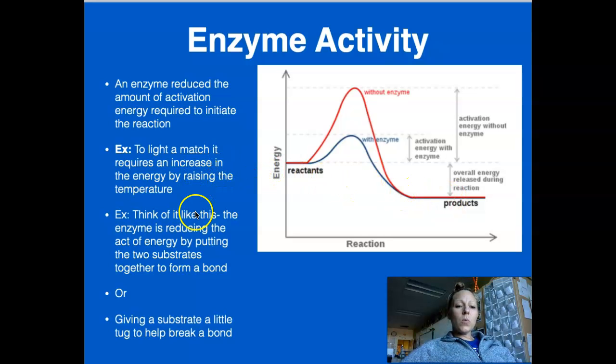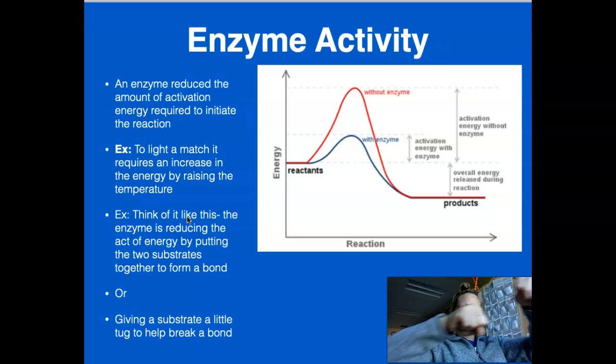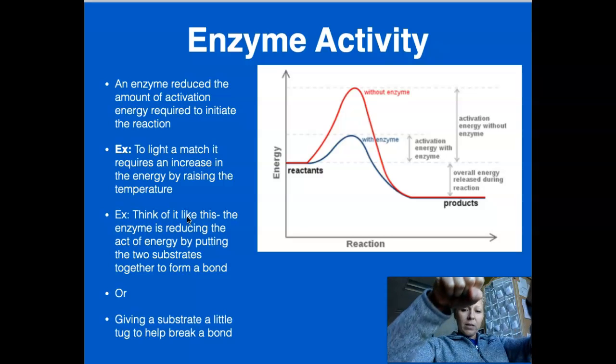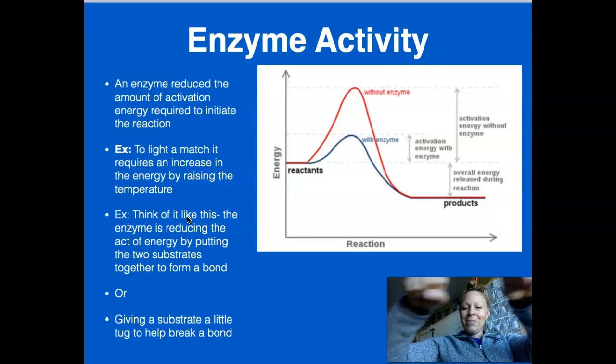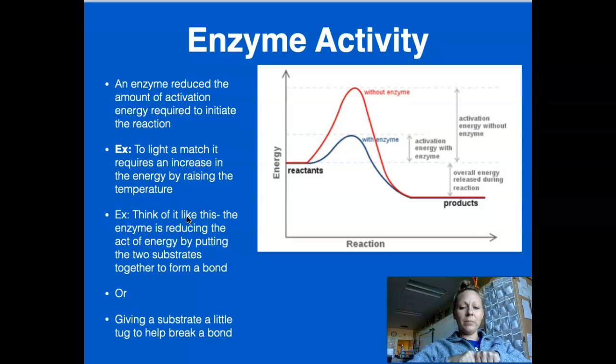And so if it's an enzyme, let's think about enzymes that are going to be putting two substrates together, or putting substrate A and substrate B together. These two substrates, these two molecules, are going to be bouncing around the cell without an enzyme there, and they'll eventually meet and come together and bond, even without the enzyme there.